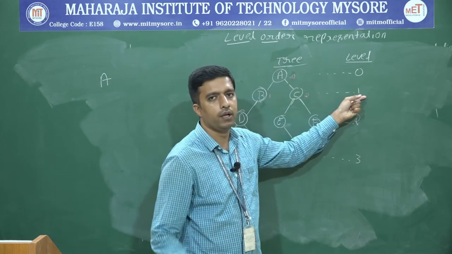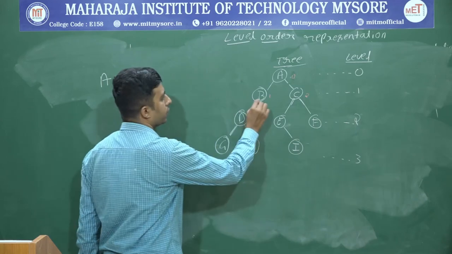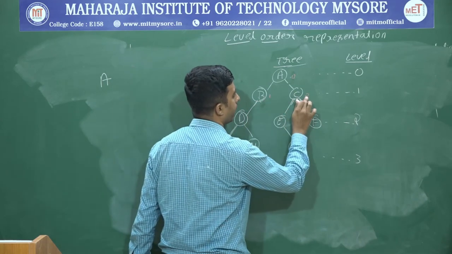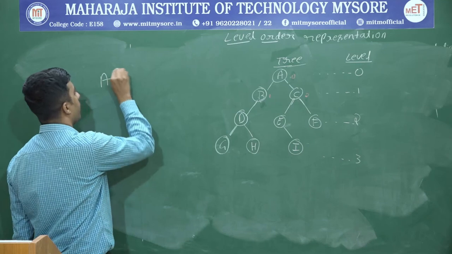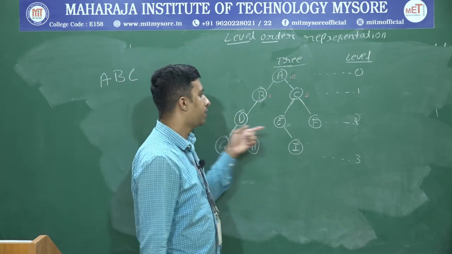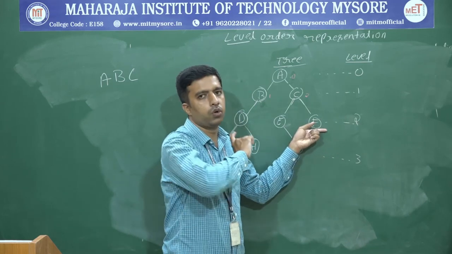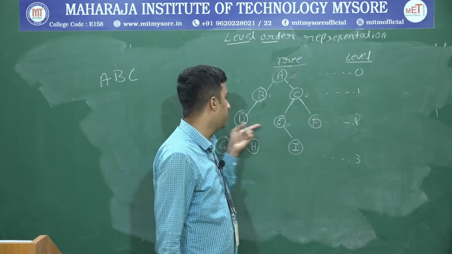When you come to the first level, from left to right, what values are there? B and C. Level 1 has the values B and C. Next, at level 2, the values are D, E, F, which you store continuously.